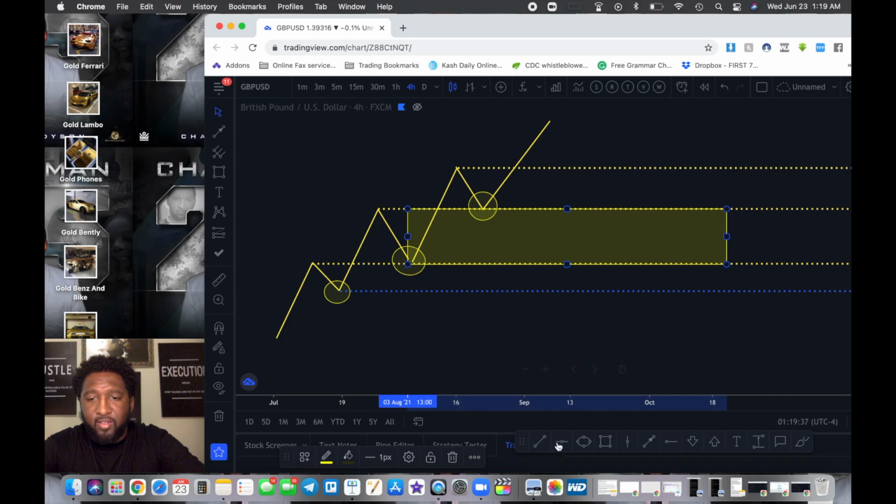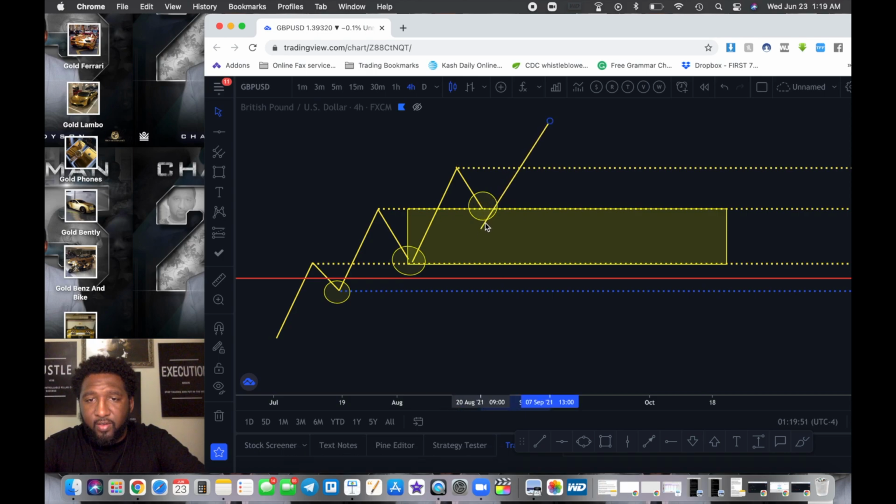And your stop loss should go not below this low, but below this low, giving you ample opportunity, ample room for this market to do whatever it wants to do. It can come down here, it can come here and then reverse up. It can come back here and then reverse up. It can come even below that area and then reverse up, right?